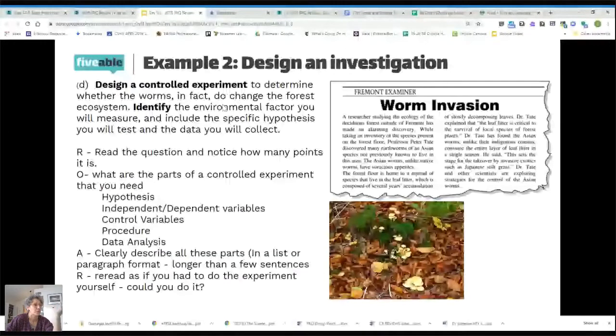Read the question. What are the parts you need for a controlled experiment? I also might be starting to think: worms, forest floor, forest ecosystem, leaf litter, decomposers, invasive species, how do invasive species outcompete others, soil, nitrogen cycle.